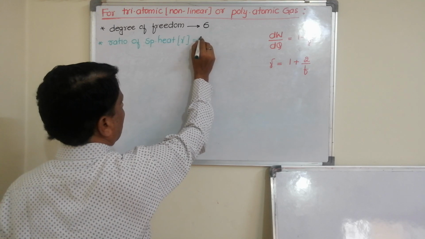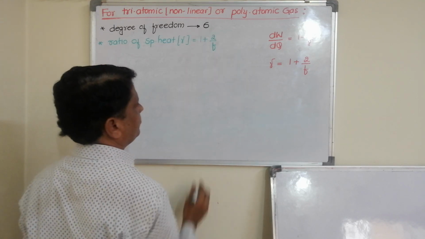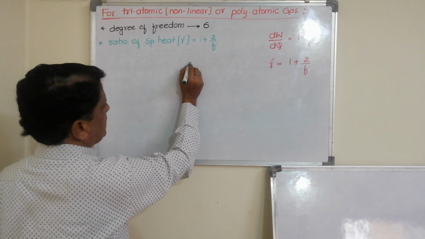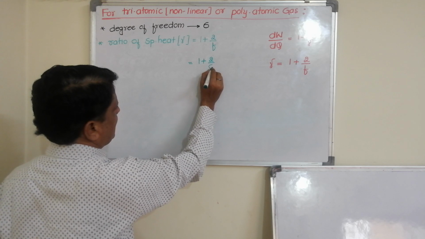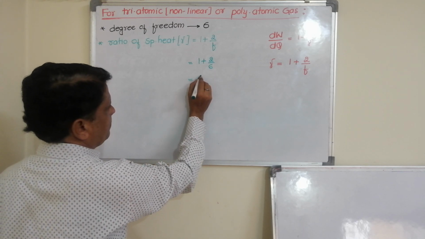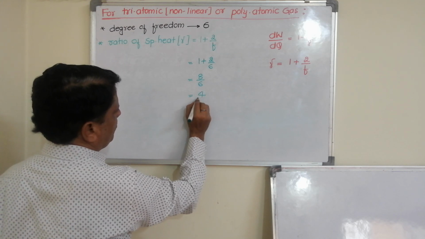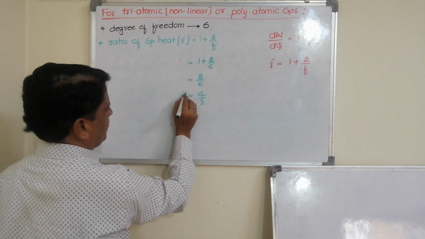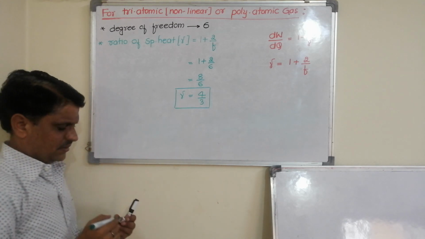Here I wrote 1 plus 2 by F. If I substitute 1 plus 2 by 6, if you simplify, it is 8 by 6 or it is 4 by 3. So gamma is equal to 4 by 3.